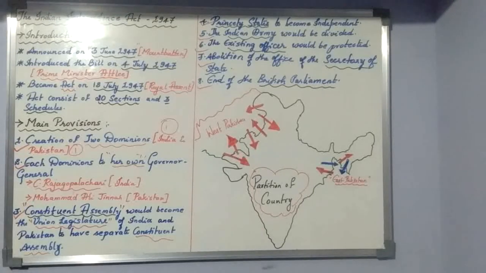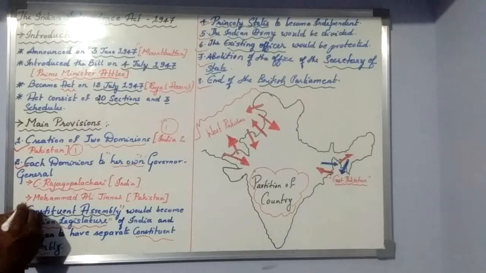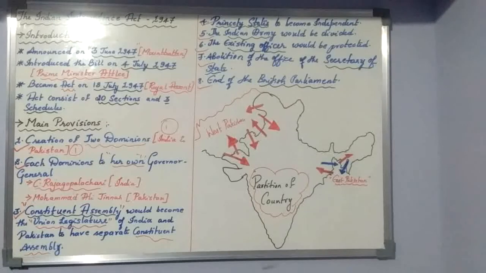From 1947 onwards, Rajagopalachari took up India under his governorship. Immediately when we got independence on 15th August 1947, and Pakistan got independence on 14th August 1947, India started the Constituent Assembly and began to draft the constitution.